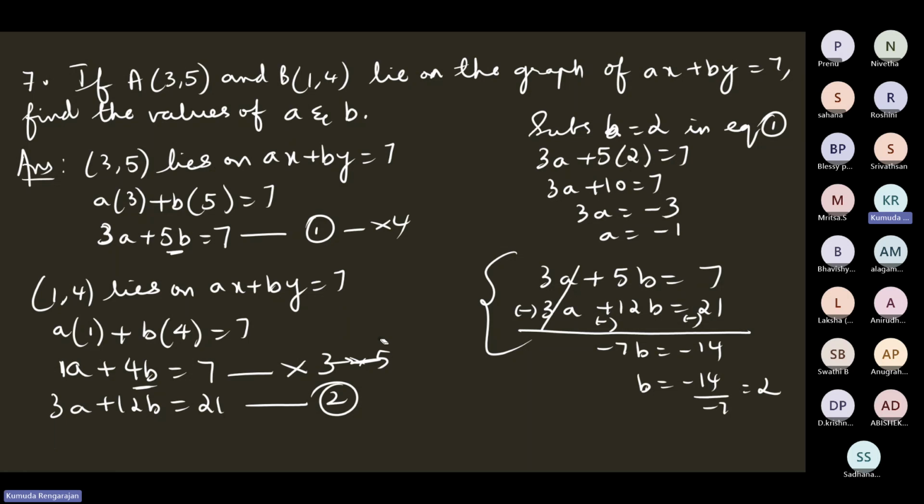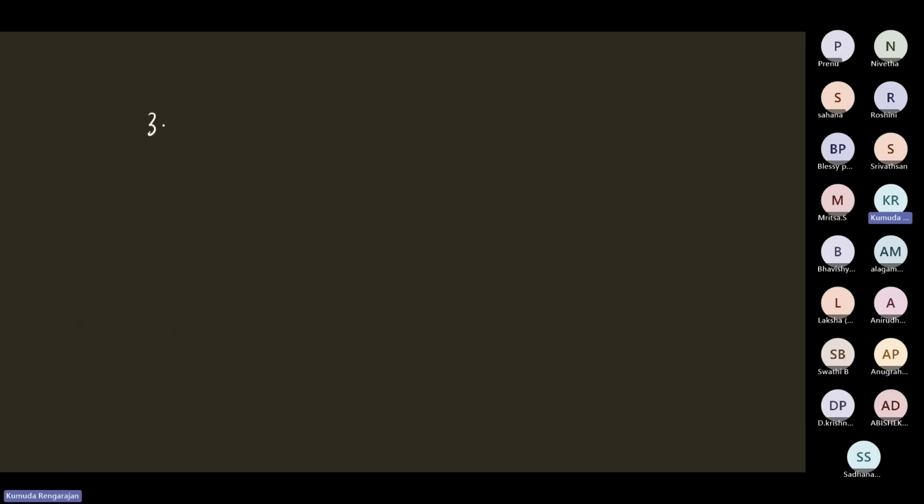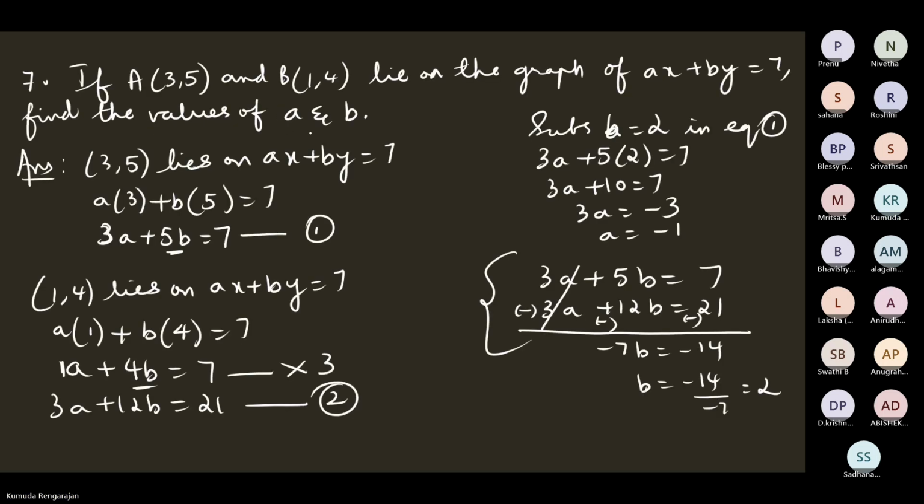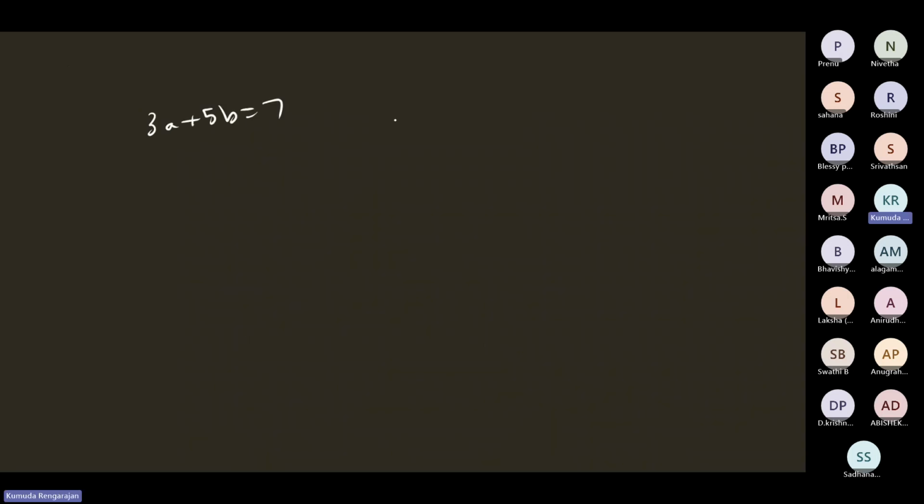Just write it in the next slide. 3a plus 5b is 7, 3a plus 5b is 7, a plus 4b is 7, a plus 4b is 7.